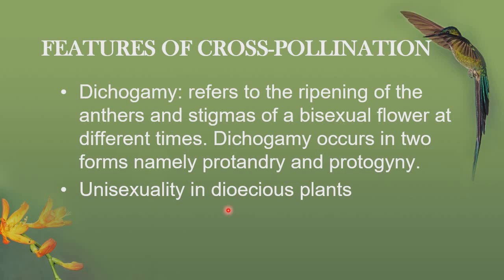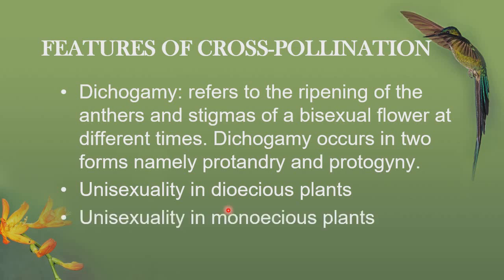So if you see a particular plant like this, that particular plant will probably bear the male gamete, while another plant will bear the female gamete. So you see that we have two different plants that bear two different gametes. That's a dioecious plant.